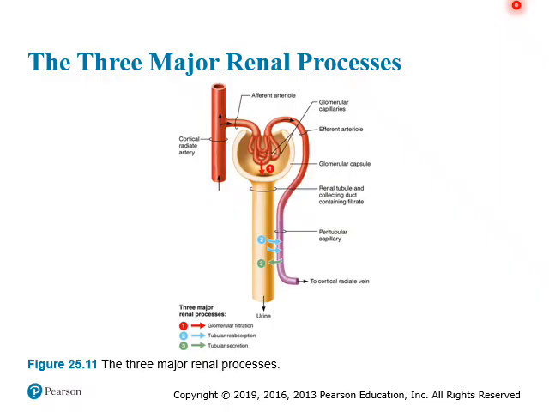The filtration membrane contains three layers. First is your fenestrated endothelium of glomerular capillaries. You have the basement membrane, which is the fused basal laminae of two other layers.